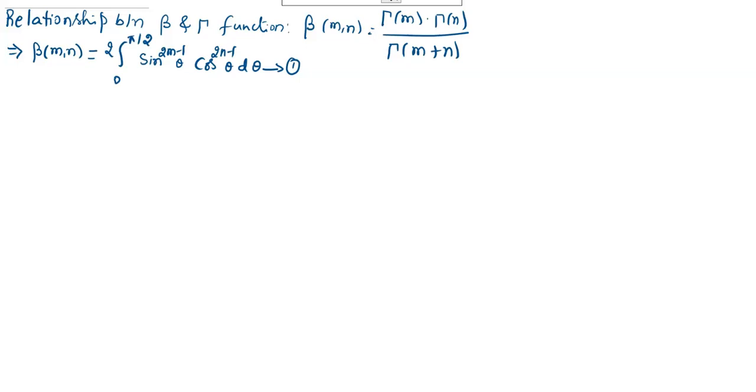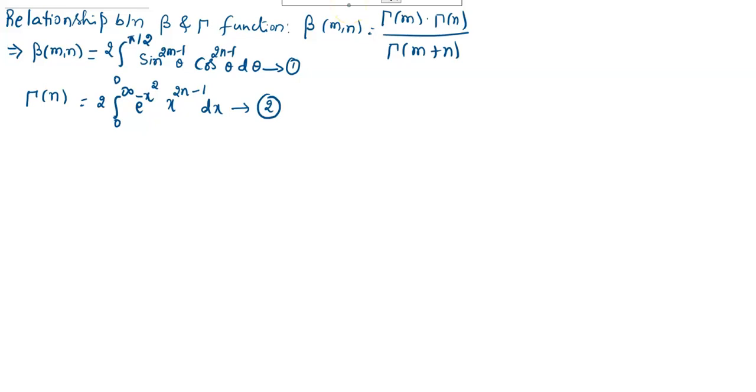Similarly, the gamma of n definition is twice the integral of e to the power of minus x square x to the power of 2n minus 1 with respect to x. Let me call this equation number 2. Now in the gamma of n, we took the parameter as x.